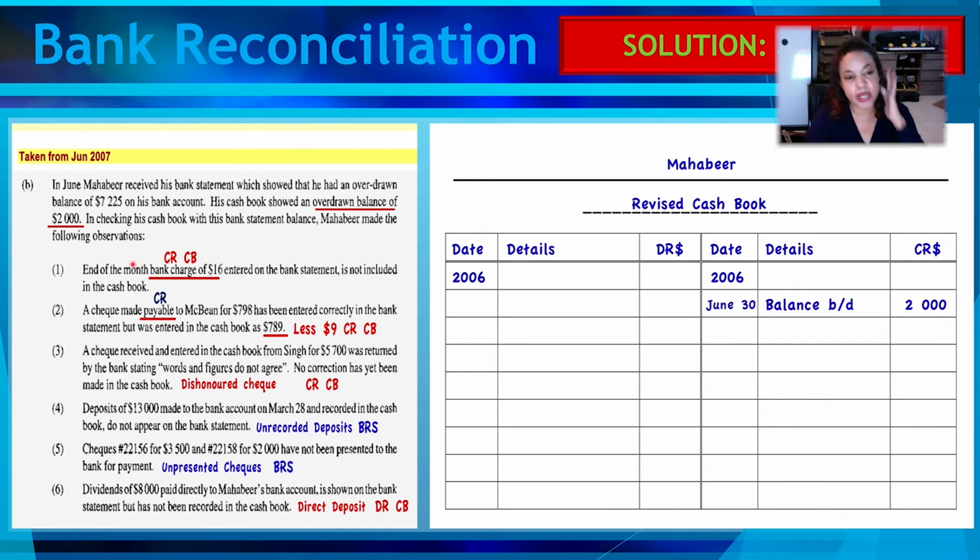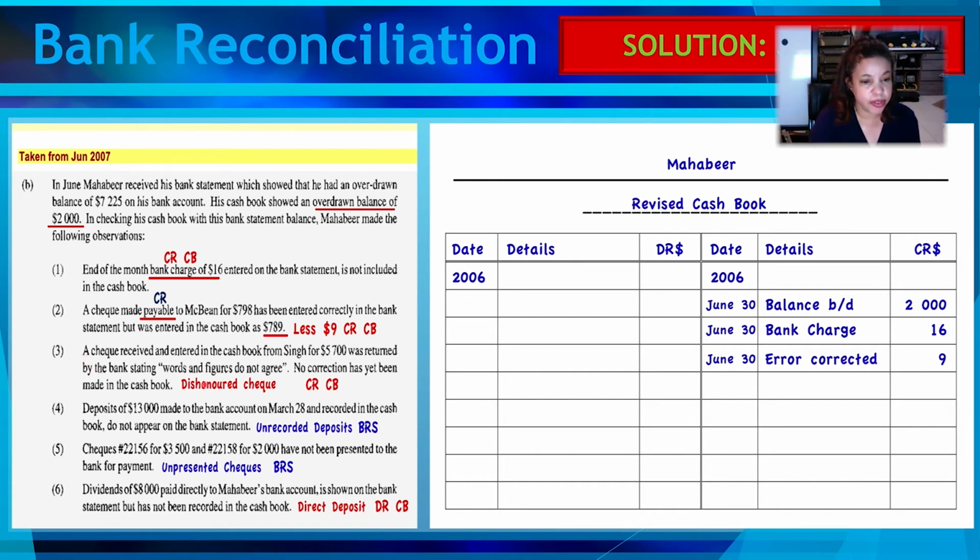Now we're going to go in here with our little notes. We have a bank charge. Bank charge will go on the credit side, $16. Next one, the correction, our little note, it went on the credit side. You can just put error corrected or understated amount or anything like that. This doesn't matter. What matters is the amount and the side that it is entered on. So you get your mark here.